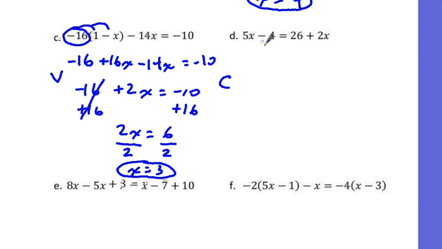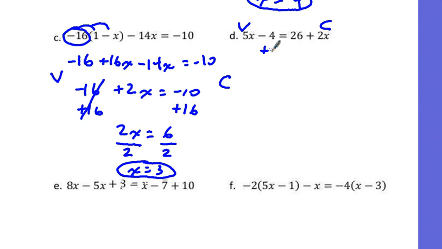Example D. 5x minus 4 equals 26 plus 2x. In this case, the expressions on both sides of the equal sign are already simplified. There's nothing that we can do to clean that up, and so we will work to get the variables on one side of the equal sign and the constants on the other, as we did in the addition, using the addition property of equality.